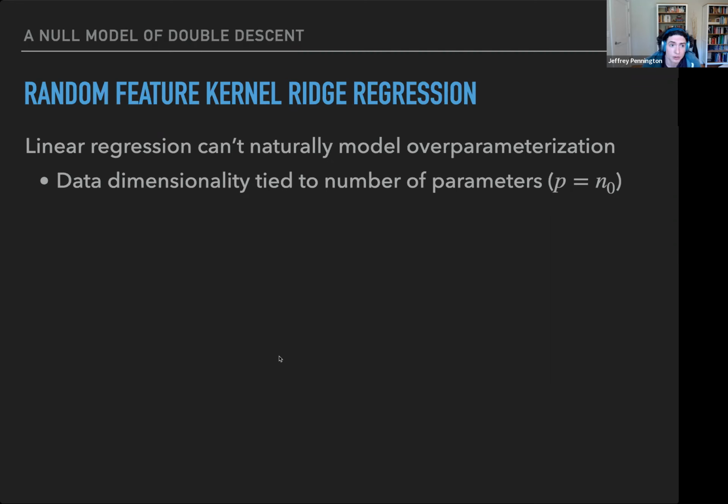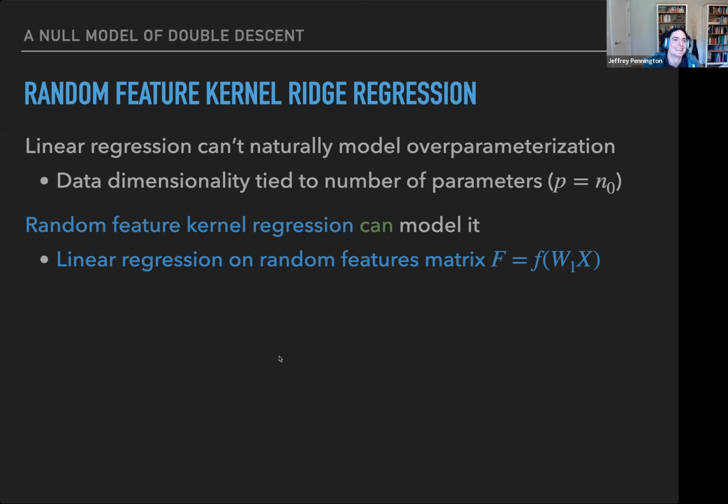So while that's true, there's a very, very simple extension of linear regression called random feature regression. Now, I think Courtney and Elliot maybe on Monday talked a little bit about this, but it's very simple. If you haven't come across it, it's just linear regression, except instead of using the original data matrix X, you pass that data matrix through a layer of a neural network.